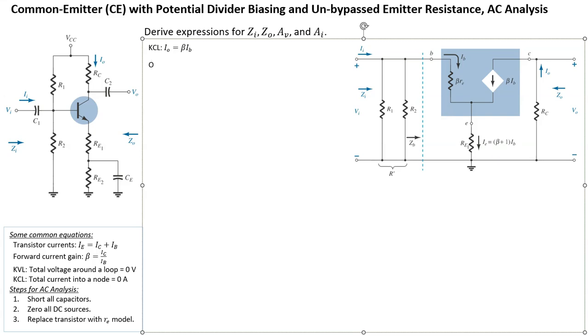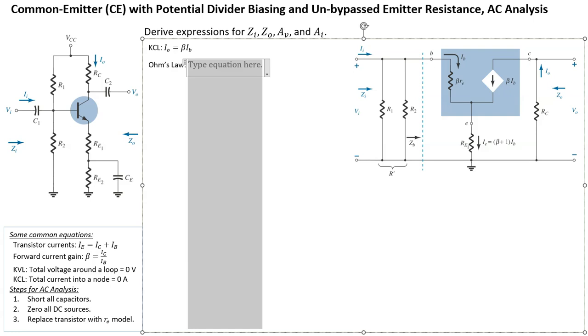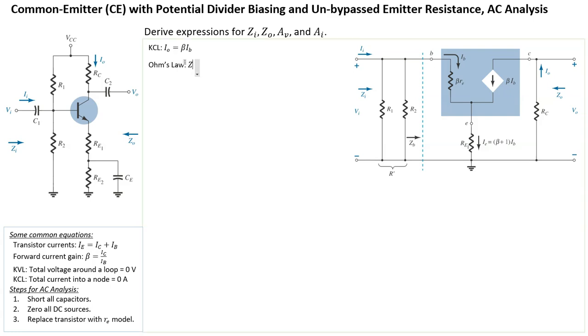So via Ohm's law, ZB equals V over I. So V here is VI, divided by the current entering into ZB, which is called IB. So it's just IB there. Now we can express VI in terms of the sum of the voltages across these two components. Let's start with the top one.